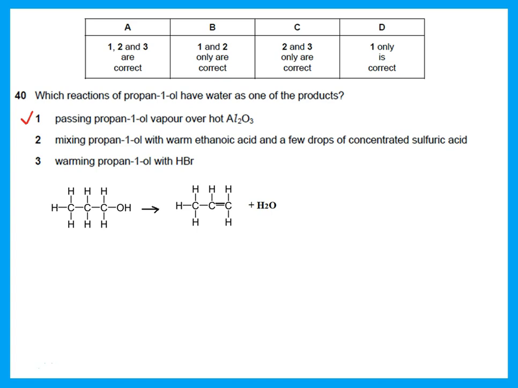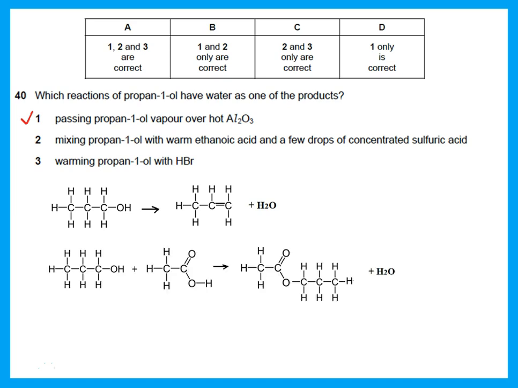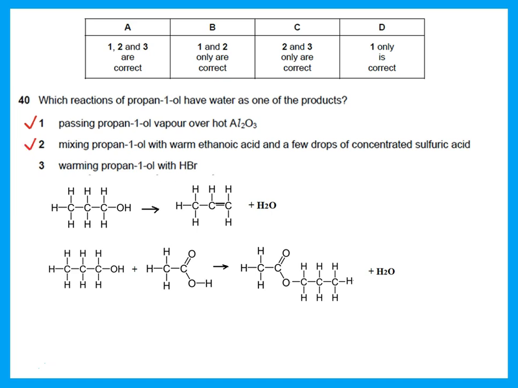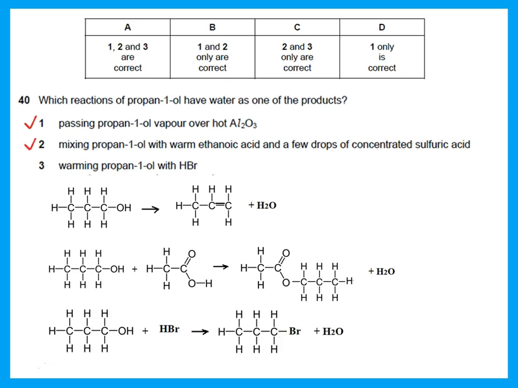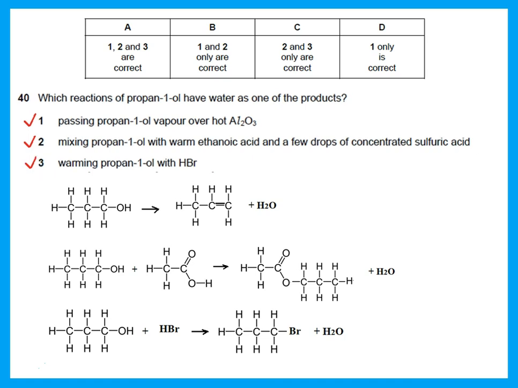Mixing propanol with ethanoic acid and a few drops of concentrated sulfuric acid: alcohol plus acid gives ester plus water, so that is correct. Warming propanol with HBr: the OH is removed and replaced with a Br, and that means my other product is water. So all of them are correct, and my answer is A.